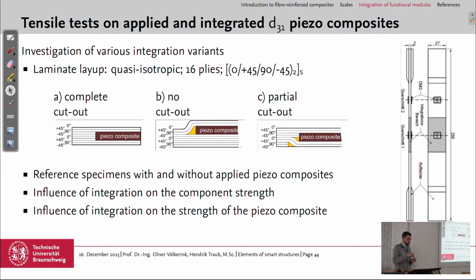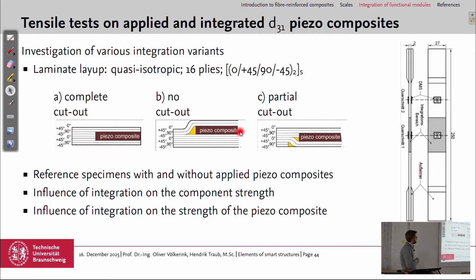There we did a tensile test only on the functional module itself, so no FRP structure, and here we have tensile specimen made from CFRP with the transducer integrated in the different ways, and we have strain gauges also here and here, so in the undisturbed cross-section and in the disturbed cross-section.